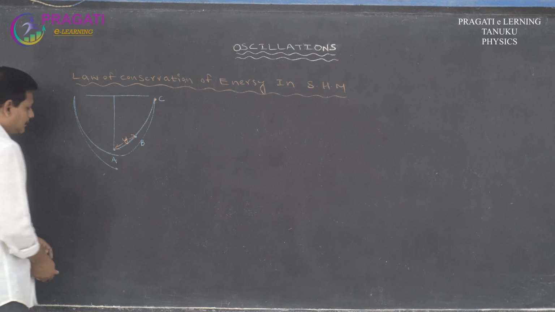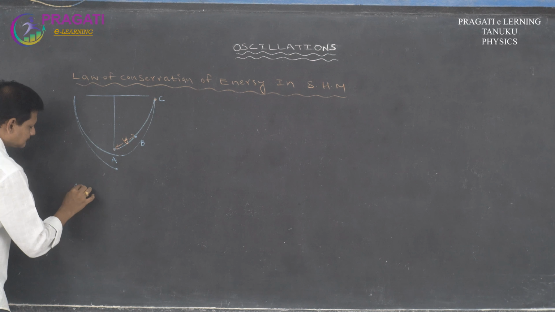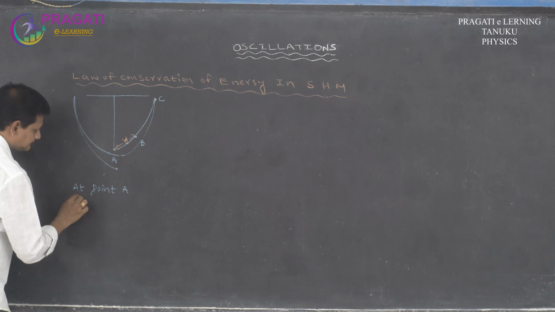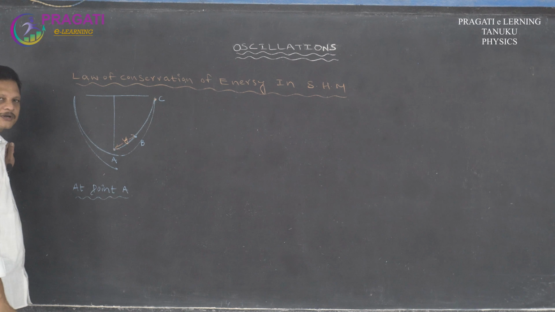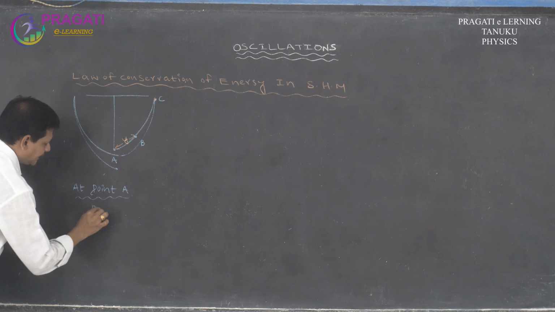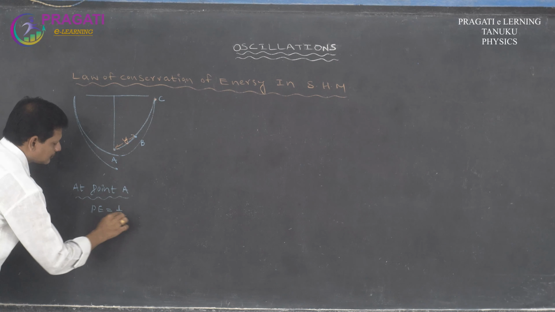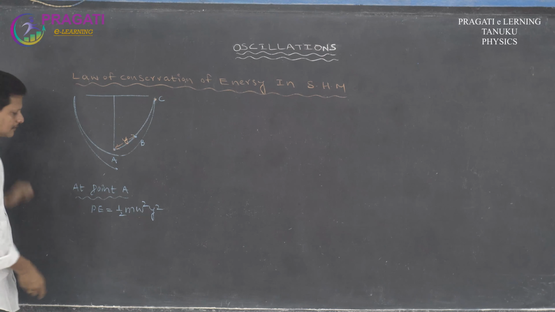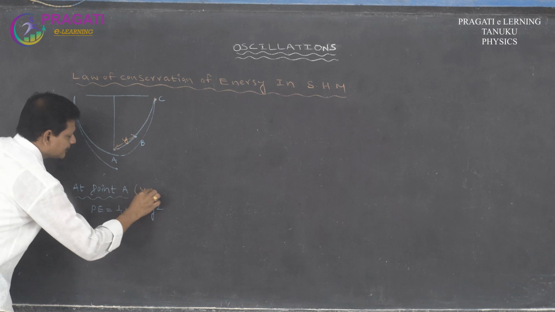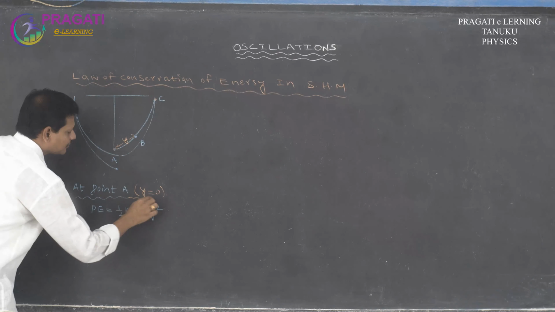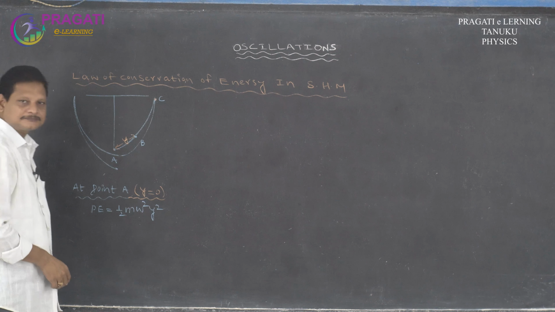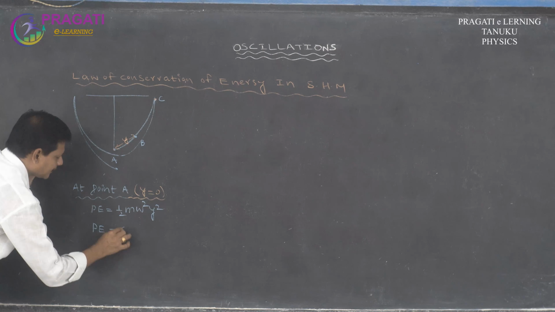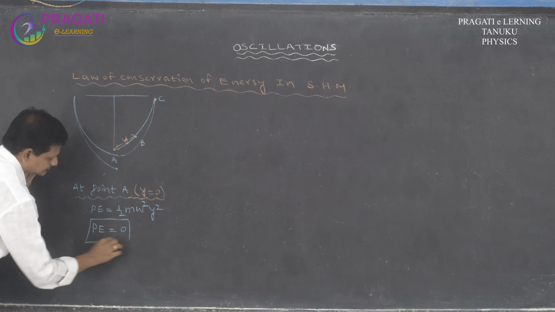First, at point A, potential energy PE is equal to half m omega square y square. At point A, displacement y is equal to 0, since it is at mean position. So potential energy PE is equal to 0.